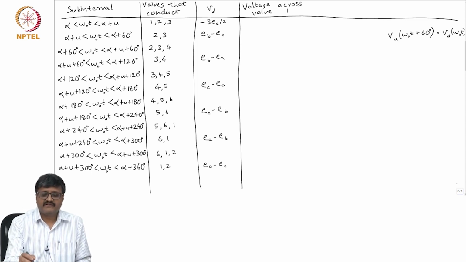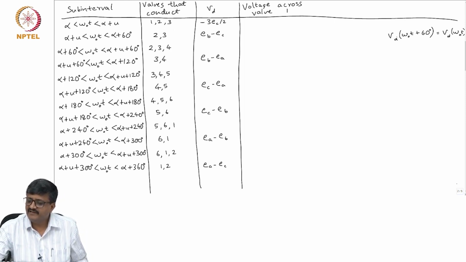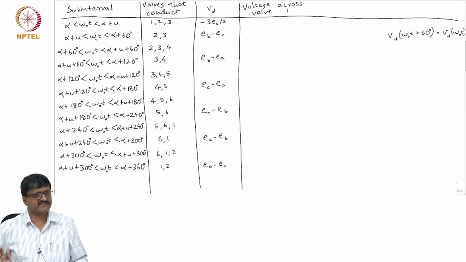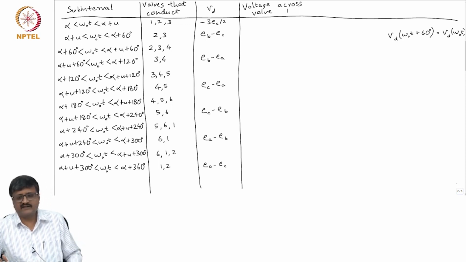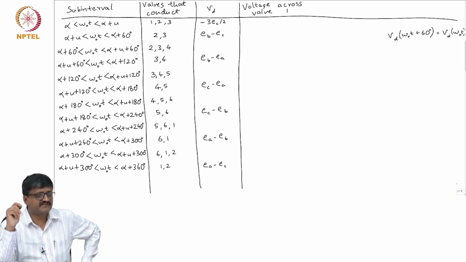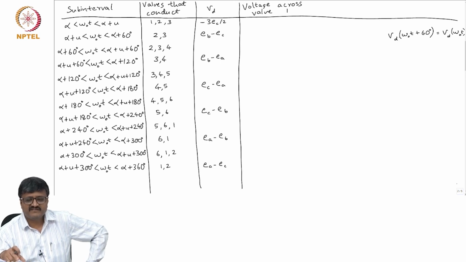That means VD is periodic with period 60 degrees. Of course, it is periodic with period multiples of 60 also. We are using that fact: all our waveforms have a period of 360 degrees, but VD also has a period of 60 degrees. So, using that, can I get an expression for VD in the subinterval in terms of EA, EB, EC? I have to take, instead of minus EC, some other waveform which is lagging or leading EC by 60 degrees.